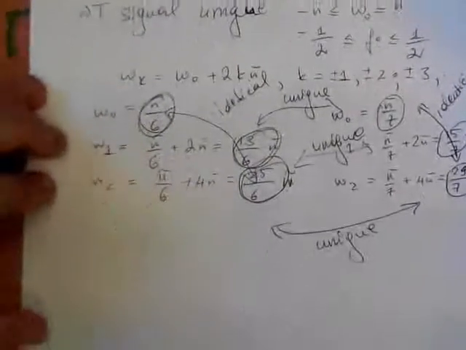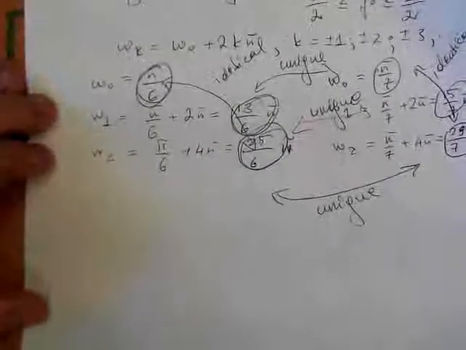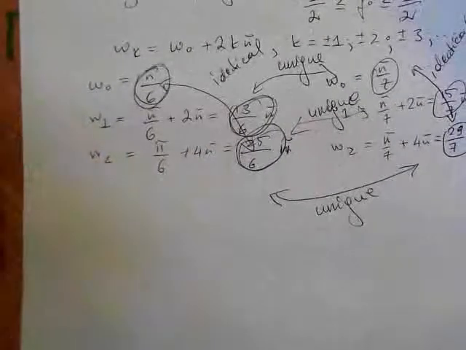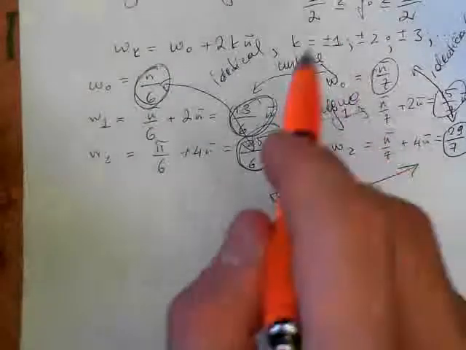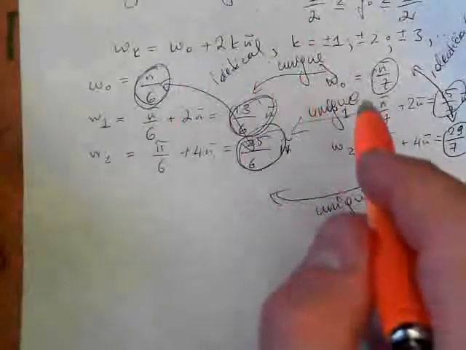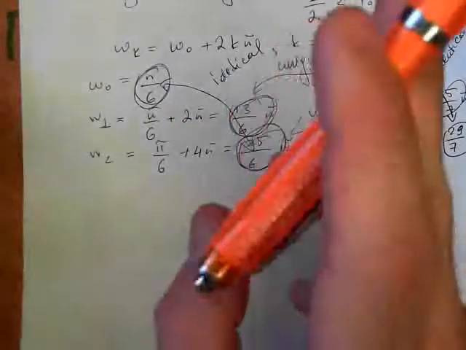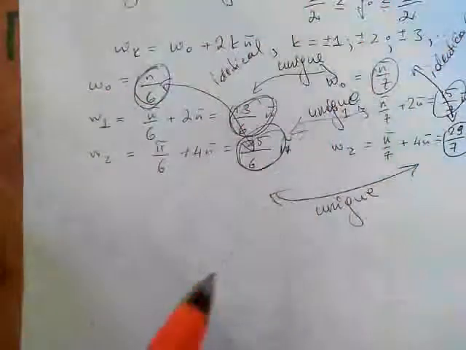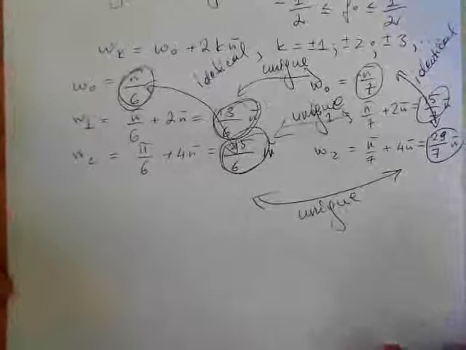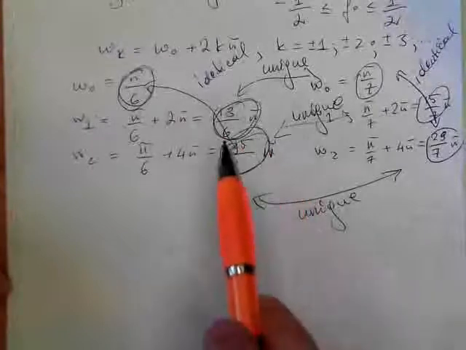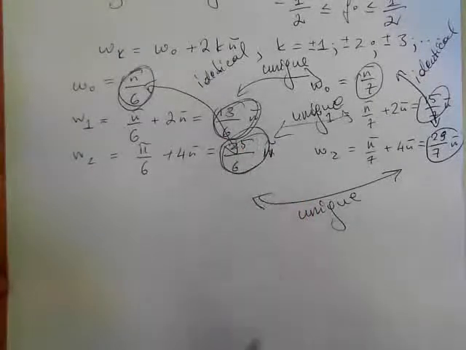Now the third property is considering the maximum frequency. Coming back to this property, in continuous time, if the signals have different frequencies, they will be different. So this holds only for discrete time.